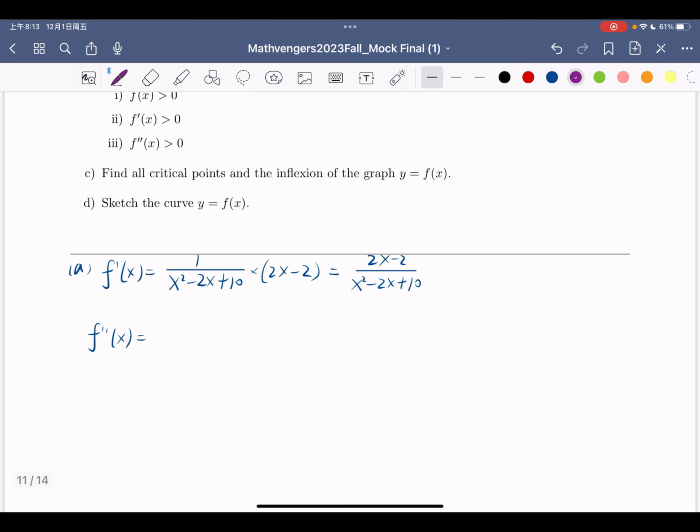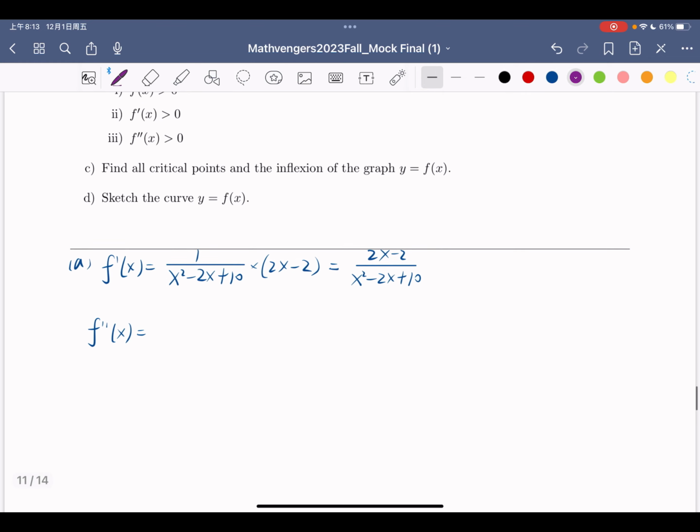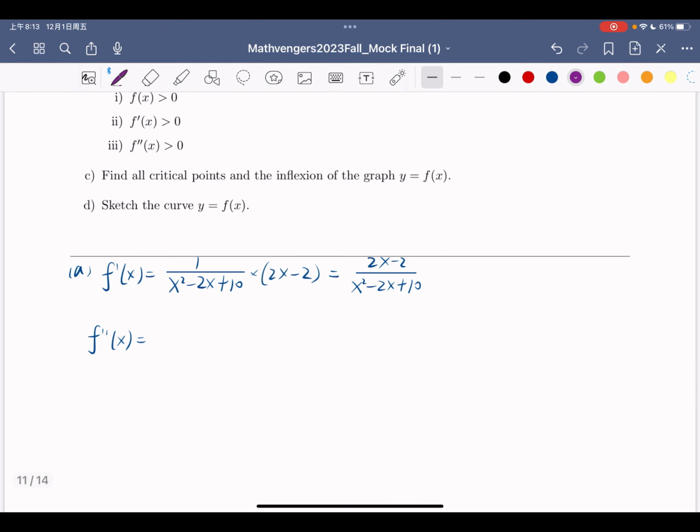Let me write down the formula. The derivative of f(x) over g(x) is f derivative multiply g(x) minus f(x) multiplied with g derivative, over the square of g(x).